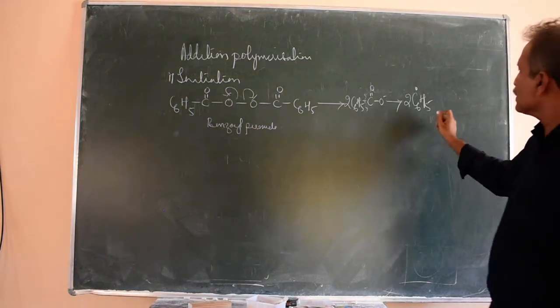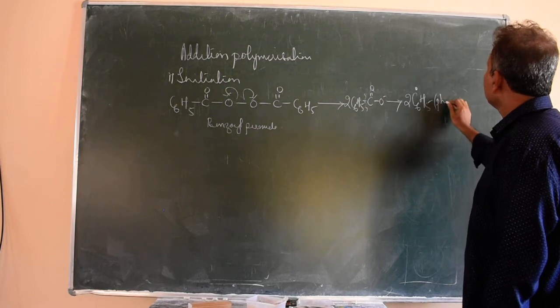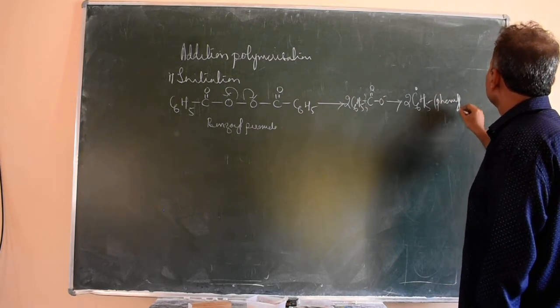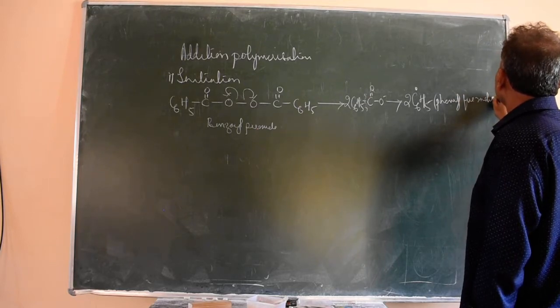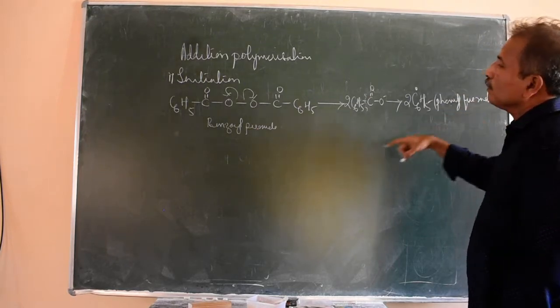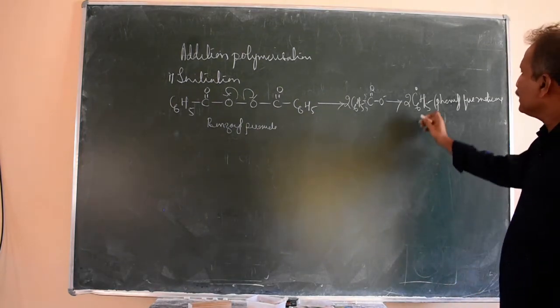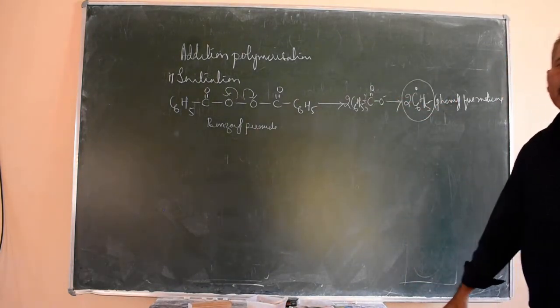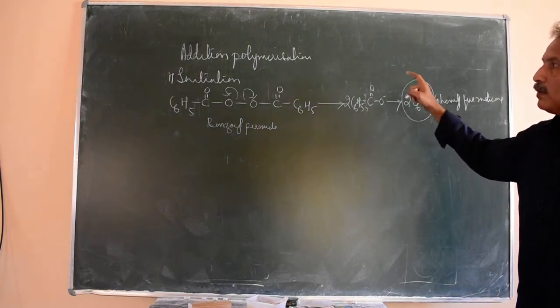Okay, so this is your phenyl free radical. So the benzoyl peroxide first undergoes fission and generates 2 phenyl radicals. So this is how it initiates.